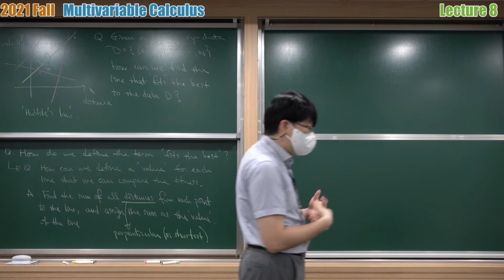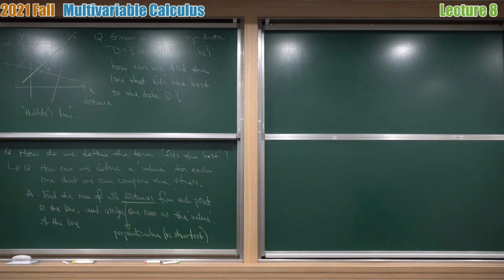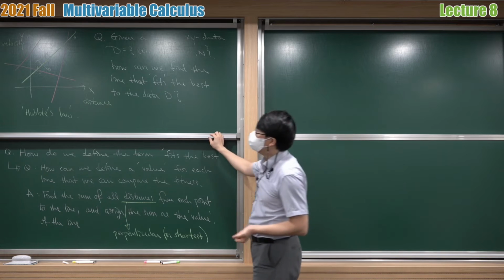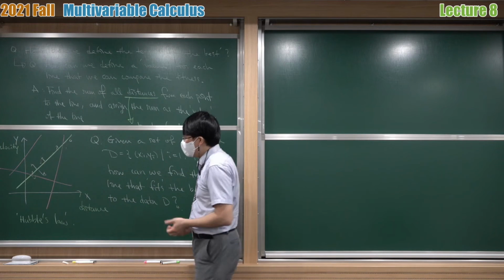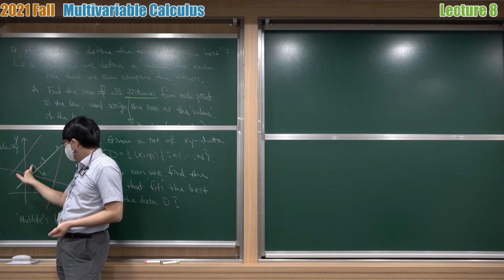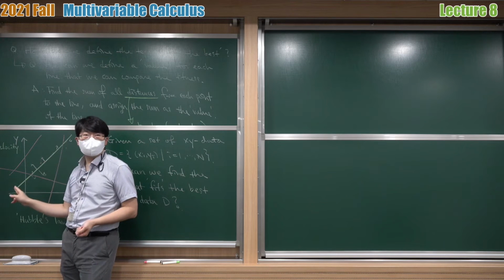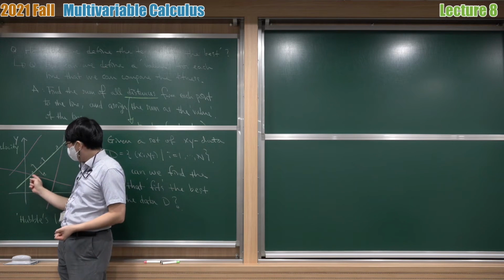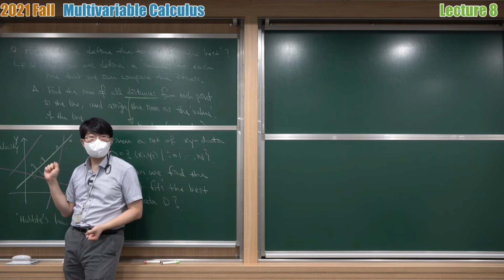So since we don't know what I'm going to talk about in this case, because I'm not sure about what Hubble's law does, but in this case, why do you think that the point deviates from the actual line? So if the measurement had no error, every point should be on the line, right? Why did it happen?